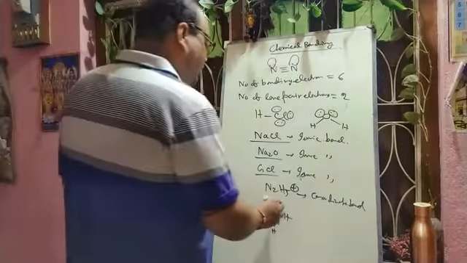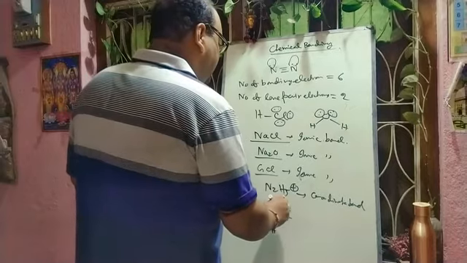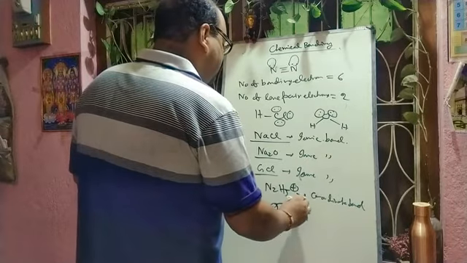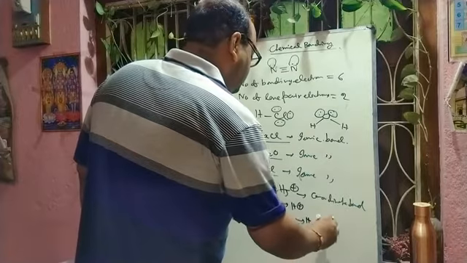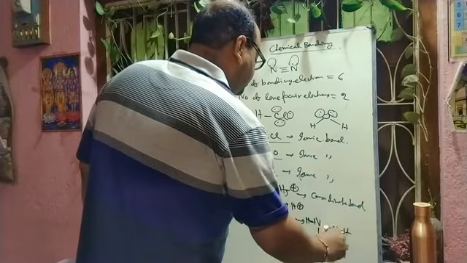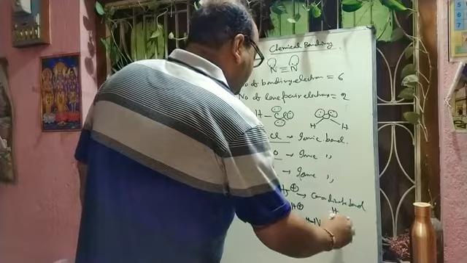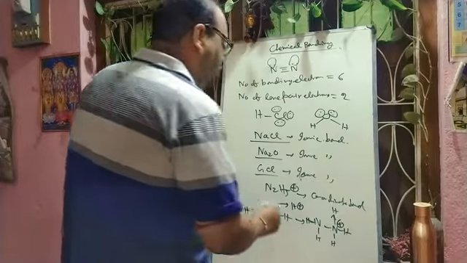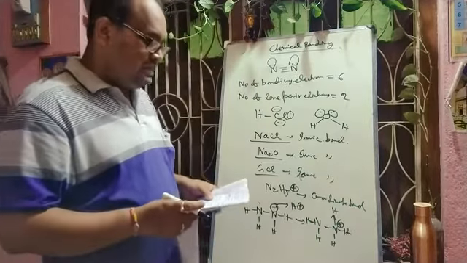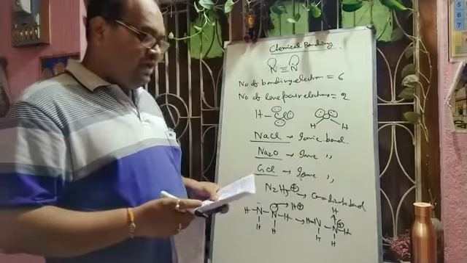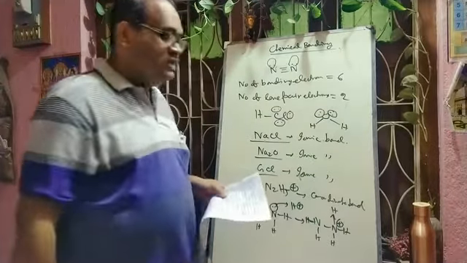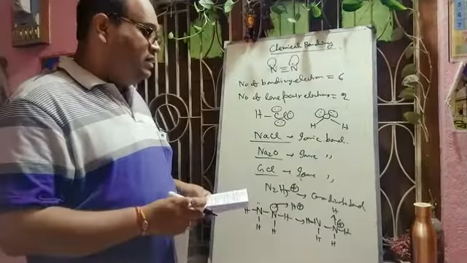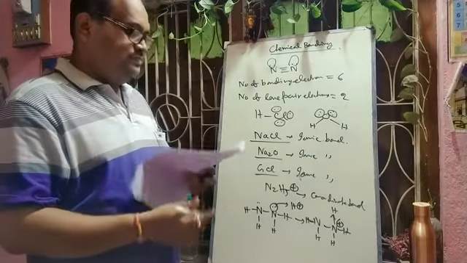Now if 1 lone pair is donated to 1 H plus, definitely there will be formation of 1 coordinate bond, and this is called N2H5 plus. So your answer to which of the following compounds contains a coordinate bond will be N2H5 plus. Here N2H5 plus contains 1 coordinate bond.